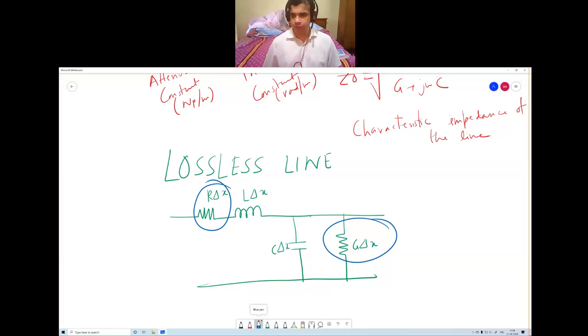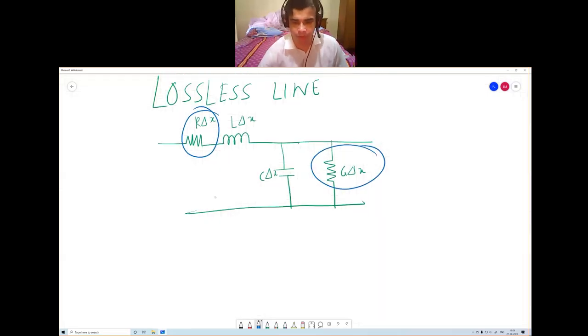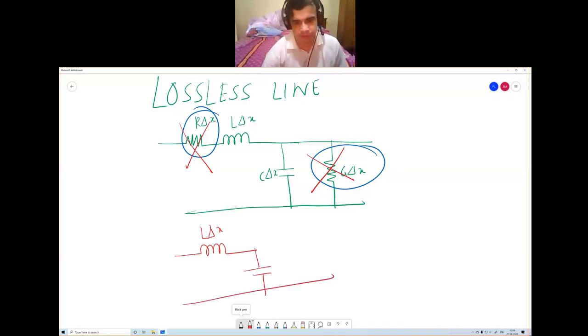Now for a lossless line, lossless lines are obviously hypothetical, because every practical line must have some loss. But assume that for a lossless line, this and this do not exist. In a lossless line, there is no resistance, there is no conductance. So it is simply an inductor and a capacitor.